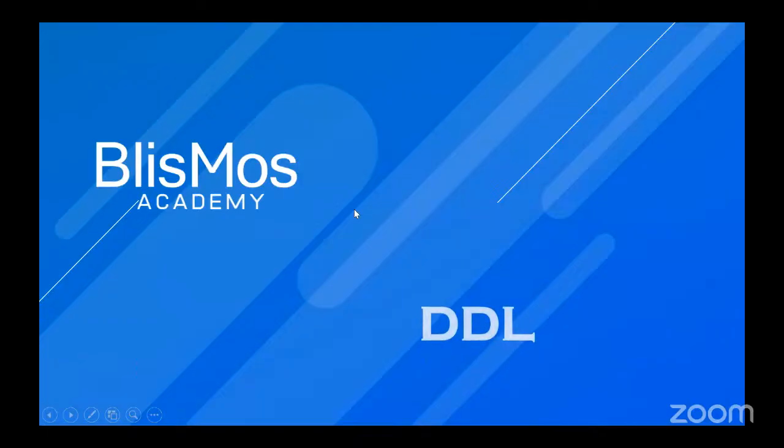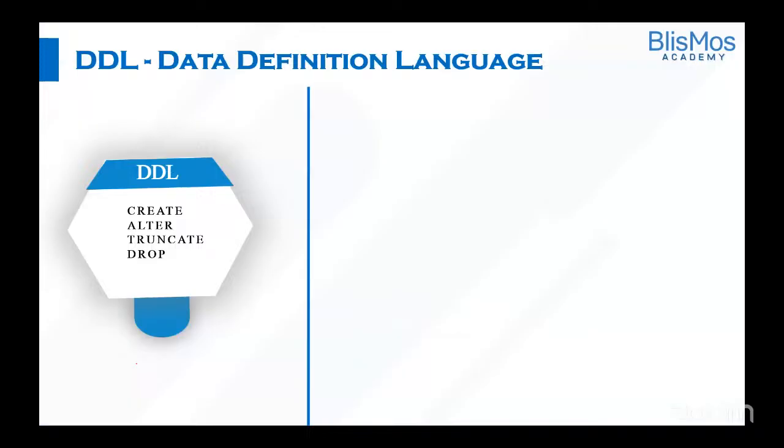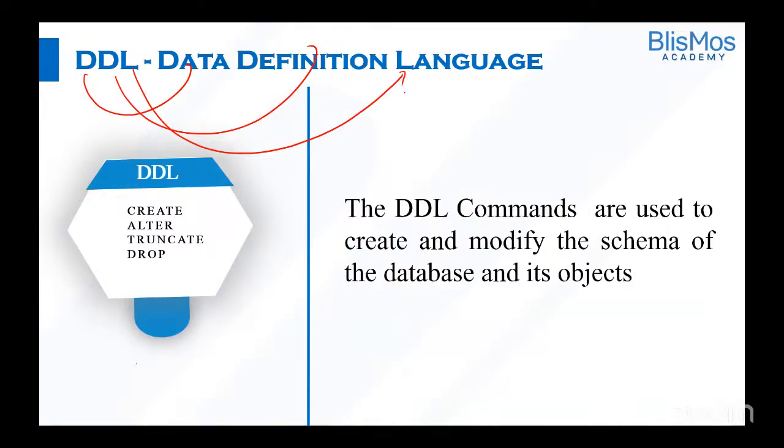Okay, so as we already understood, DDL is nothing but data definition language. When I say data definition language, these are the commands used to create and modify the schema of a database and its objects.